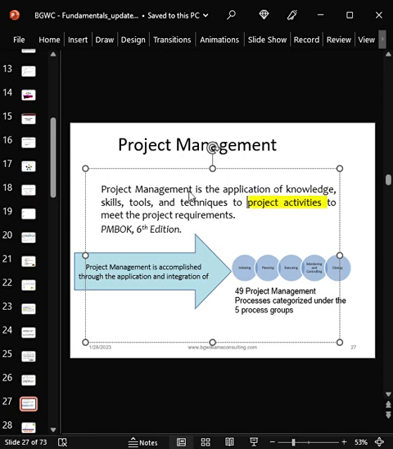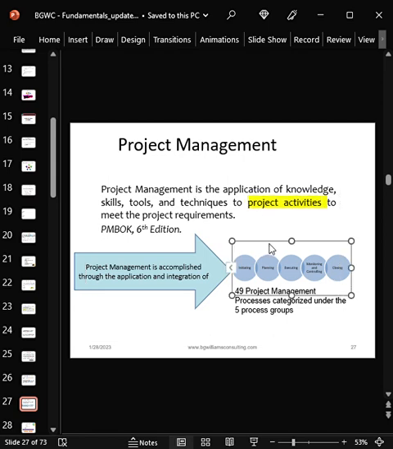What do you mean by the project activities, sir? The project activities are the things you want to do in the project. So which means every industry, as it relates to project management, they are what we refer to as the activities.